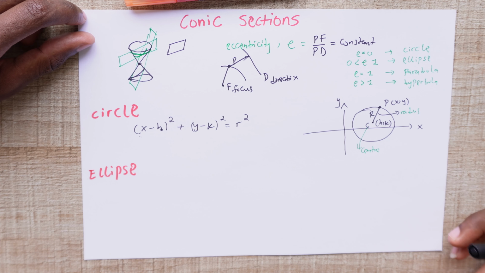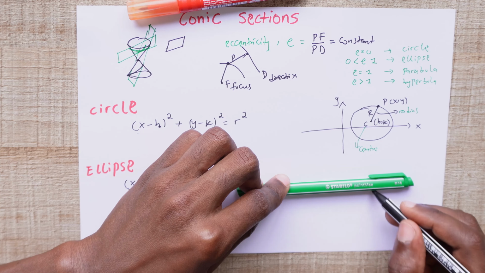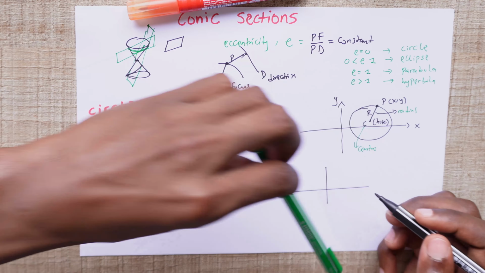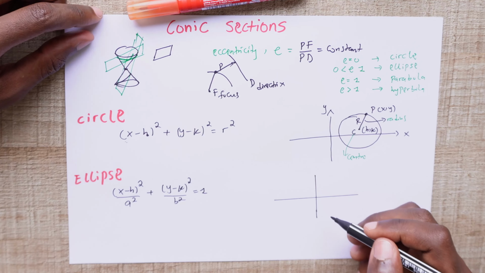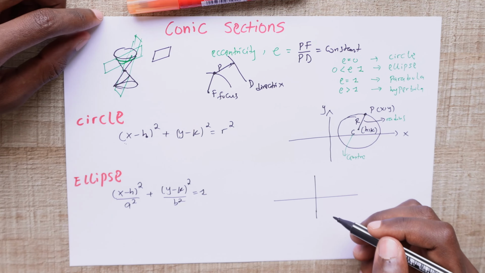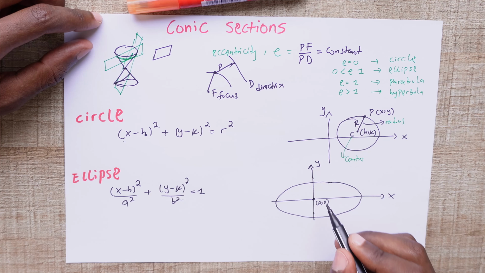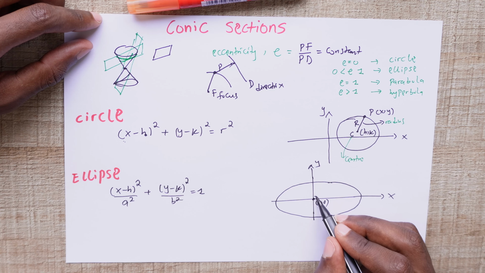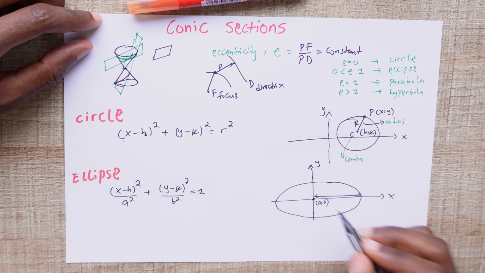So if we want to represent that, x, y. So let's say the center, in this case, we put the center at 0, 0. So h and k are both 0. We have this. A is the distance from the center to one of the vertices.